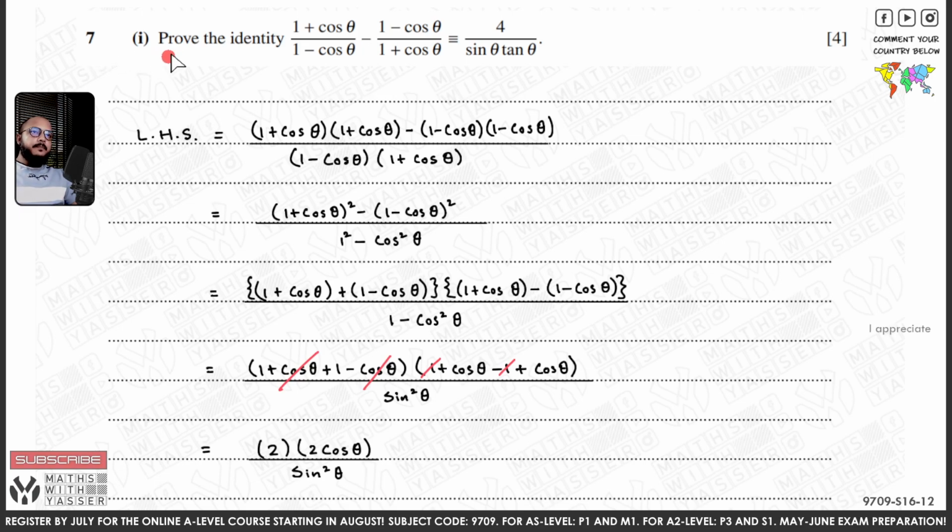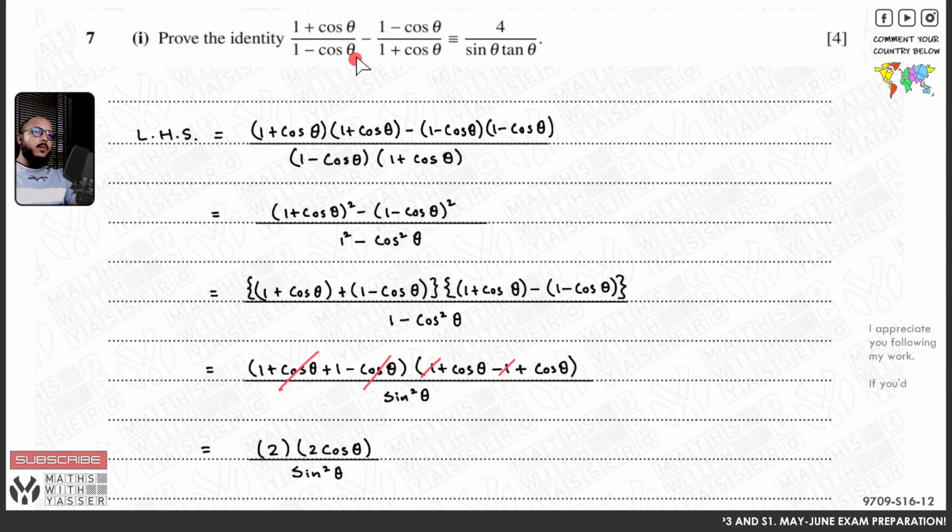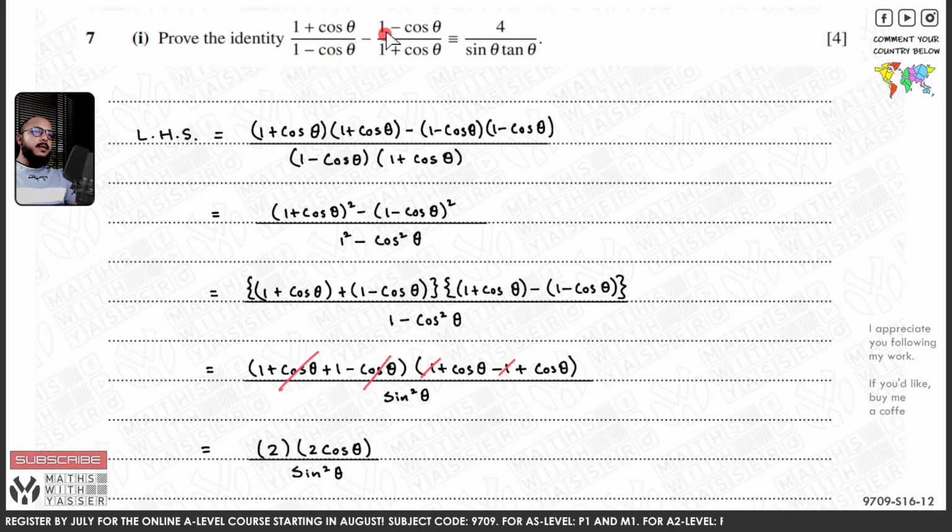Question number 7. We need to prove the identity (1 plus cos theta) over (1 minus cos theta) minus (1 minus cos theta) over (1 plus cos theta) is identical to 4 over sin theta tan theta. So taking the left hand side, let's do the LCM first.